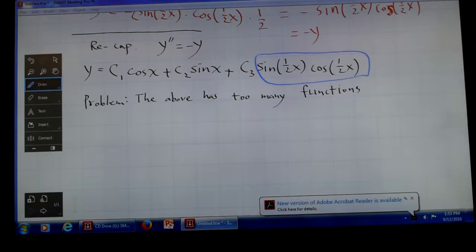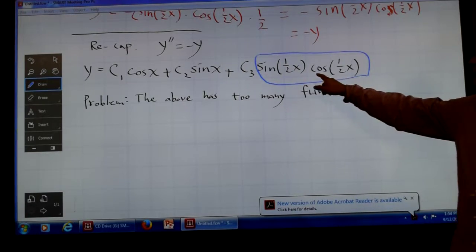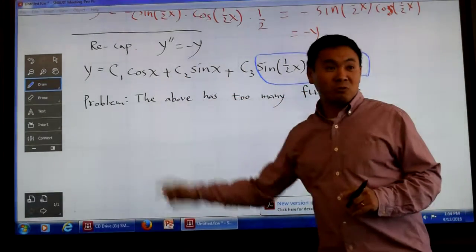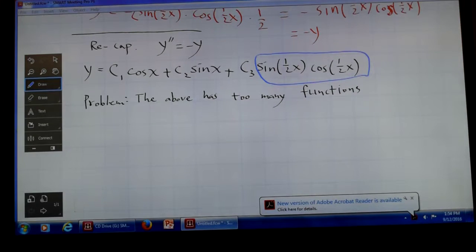So this seemingly different solution is actually another solution that you already have in disguise. Yeah. So we have to get rid of the C3, yeah, but how? What's the justification? Divide by C3, and then... No, not that way. I'm saying, can this be represented by any of the previous ones? Is that it?